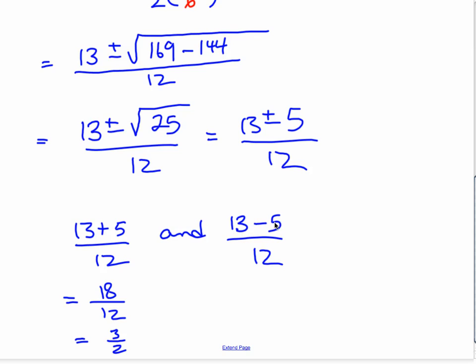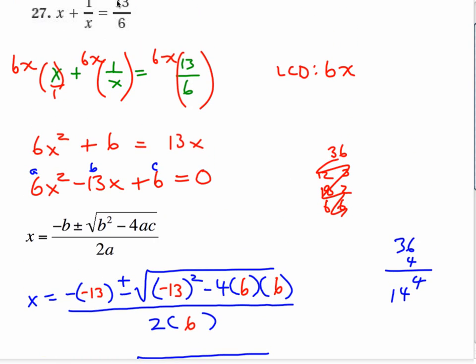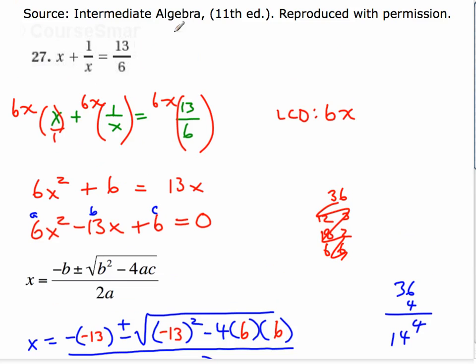And in this case 13 minus 5 would be 8, so it would be 8 over 12, and 8 over 12 would be 2/3. So my two answers to solve that question way up here, would be 2/3 and 3/2. Okay, hopefully that helps you in solving those two questions.